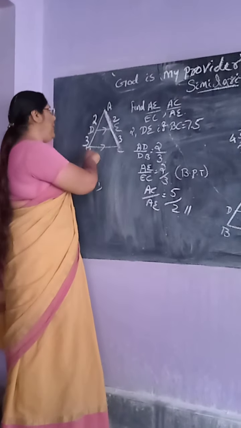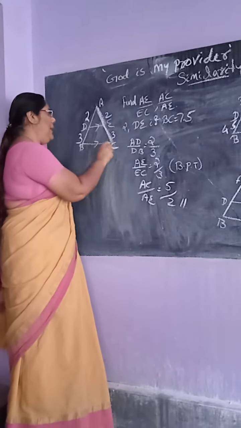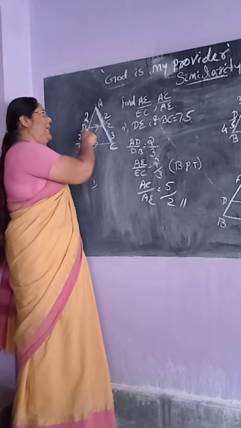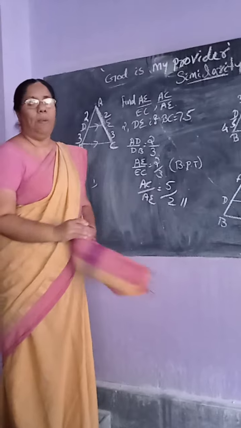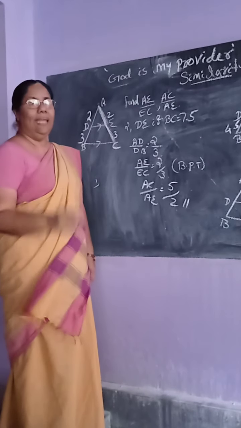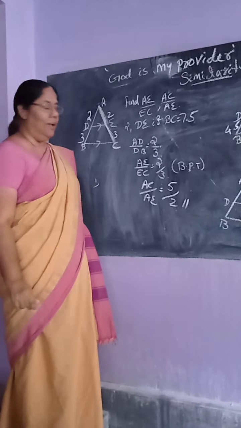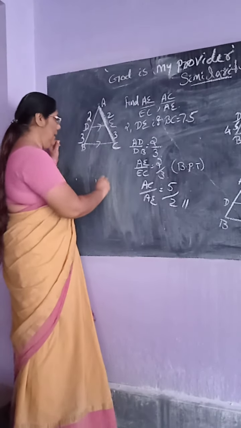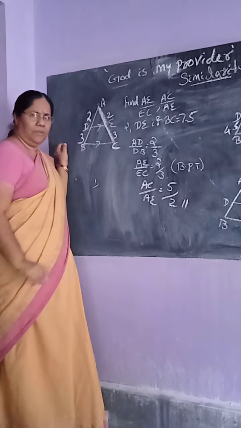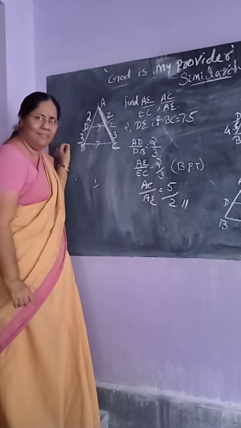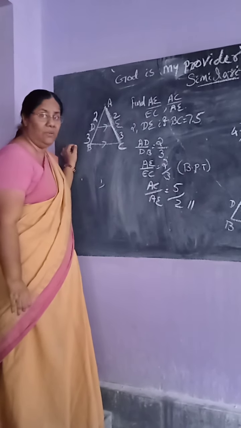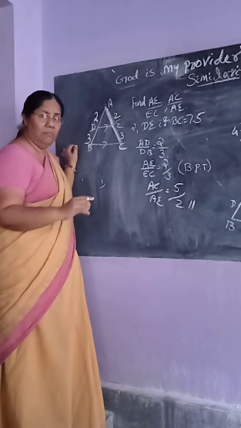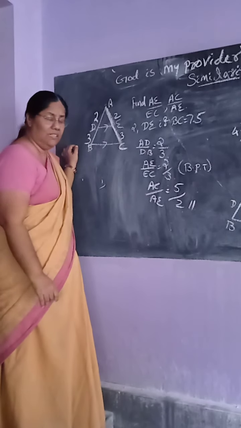Then third one, BAC equal to DAE. That is common. Therefore, by the AA similarity theorem, can you write the first 3 lines? Yes, study the previous proof. There I already told you that proof, isn't it?